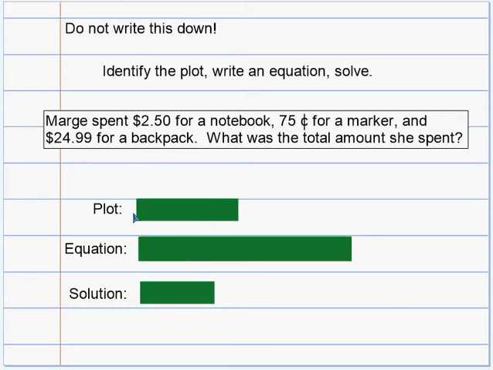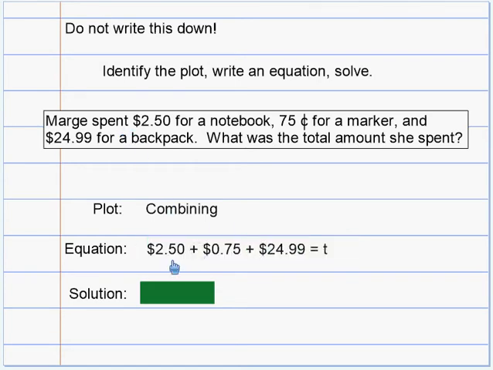So the plot, because we have a bunch of items and we want the total amount spent, is a combining plot. We need to add them all together. So the equation will be $2.50 plus 75 cents, and notice I changed 75 cents to dollars. Put the decimal in there so that when I line them all up, I can add appropriately.